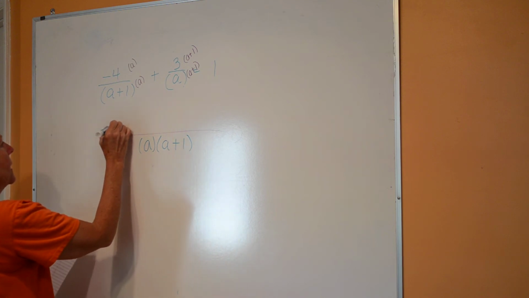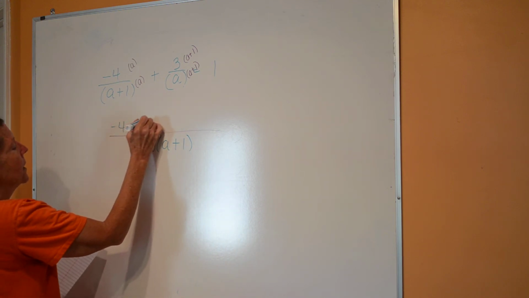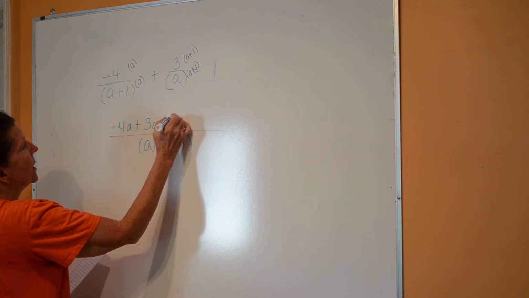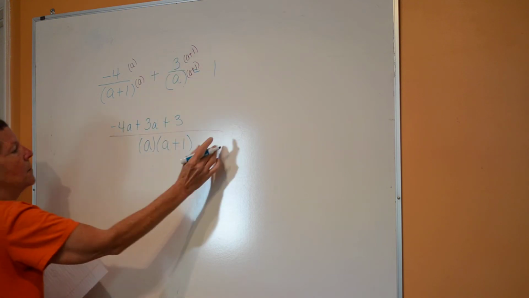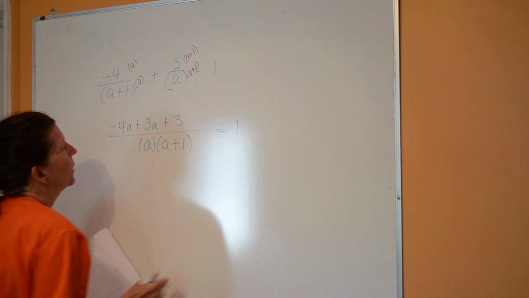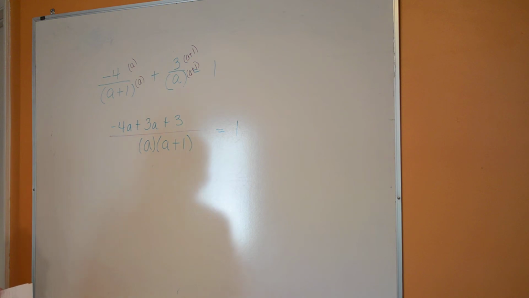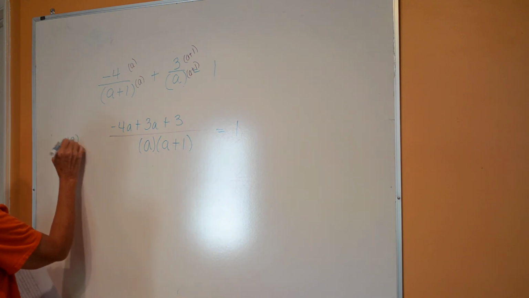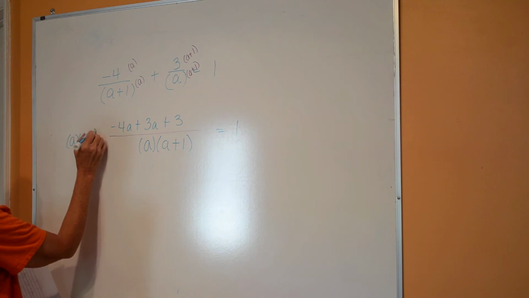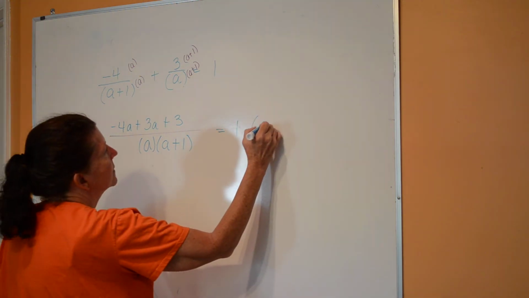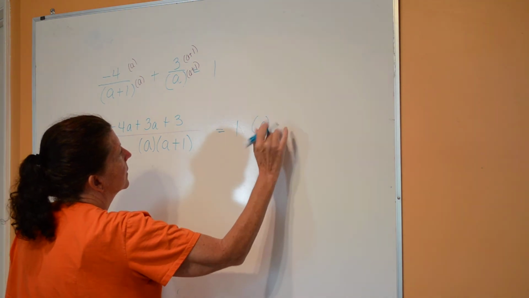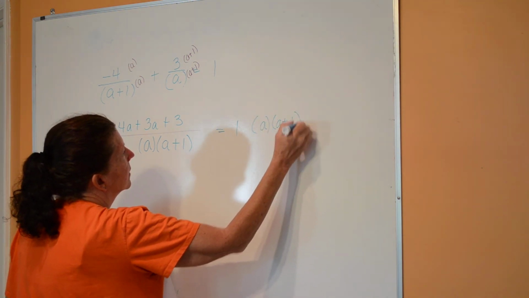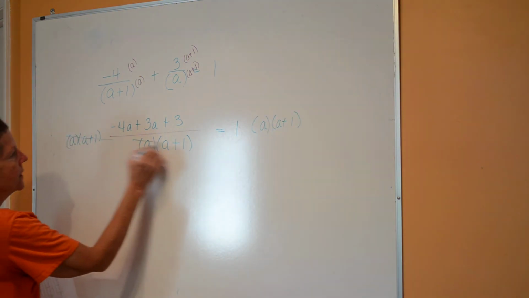So this is going to give me a negative 4a plus 3a plus 3, because I have to distribute my 3, is equal to 1. I can multiply to get this off the bottom, a times a plus 1 on both sides. Okay, that's equal to 1 right there.